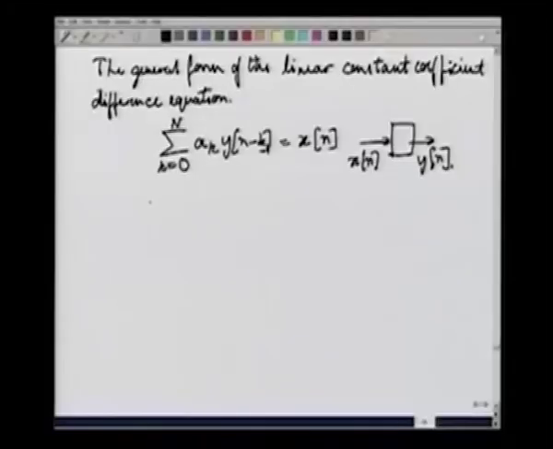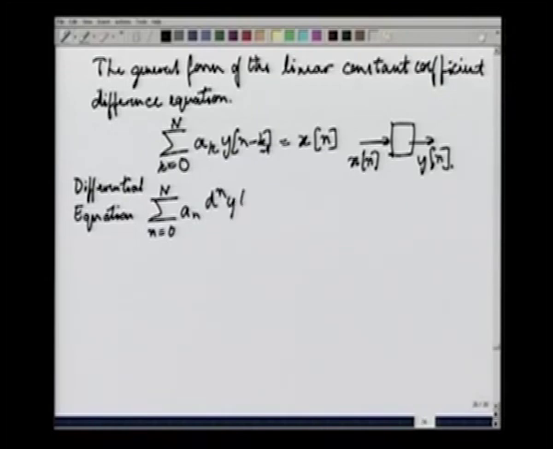The differential equation we had was the following. The linear constant coefficient differential equation was the sum from n equals 0 to N of a n d^n y t by d t^n equal to x t.